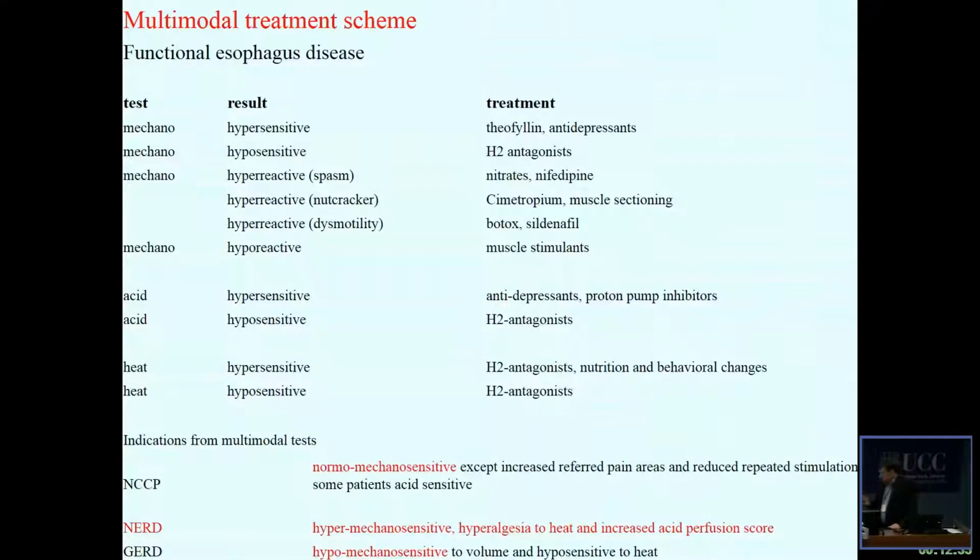And well, we're not going through this scheme, but I think we studied about 500 or 600 patients in total with a primary interest on the functional chest pain, on NERD and GERD, where we had indicators for if it was one disease or another disease.